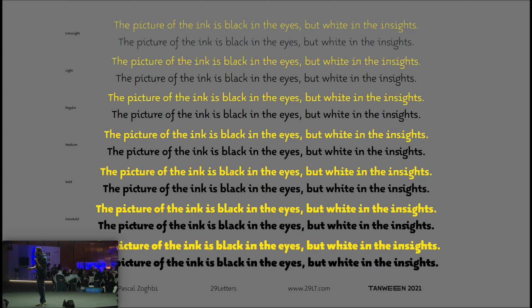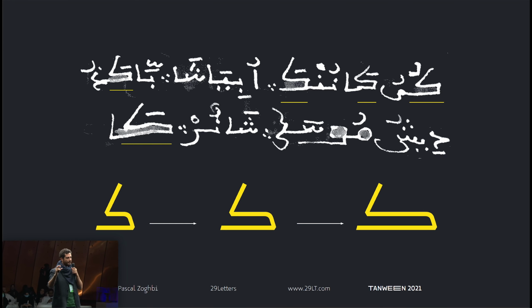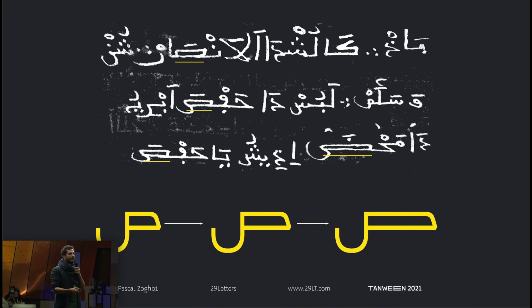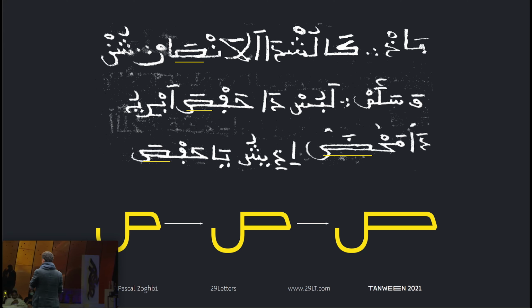In this case, we noticed that in the manuscripts, some of the letters were being elongated horizontally, like the kaf, the sad, and other letters. They were elongated to fill the space. And this is common in the Arabic script. We also use kashida, as you all know, when we have justified text.